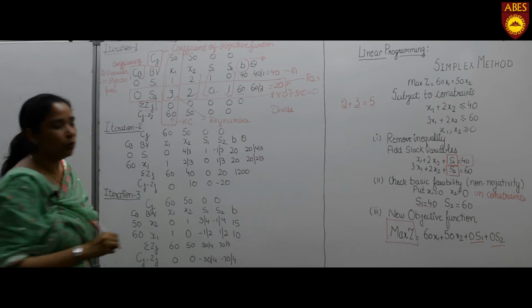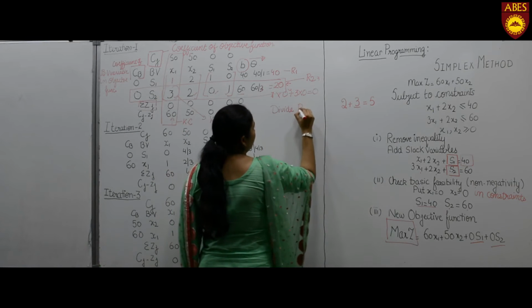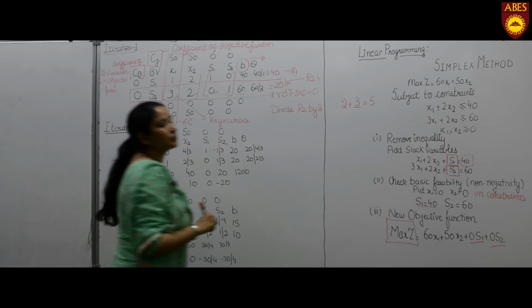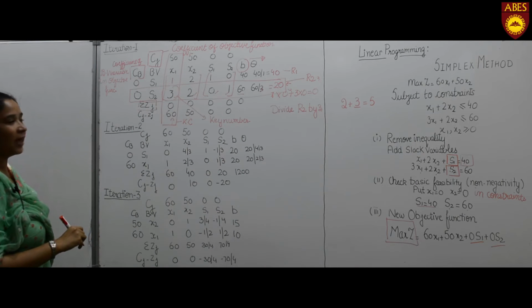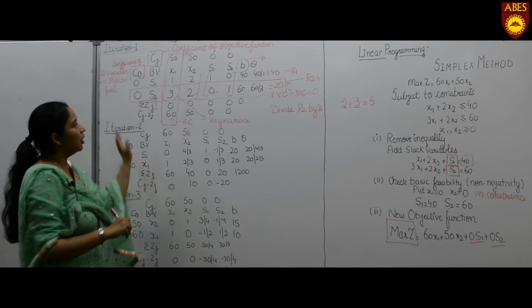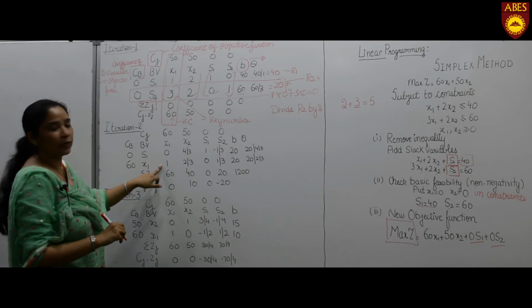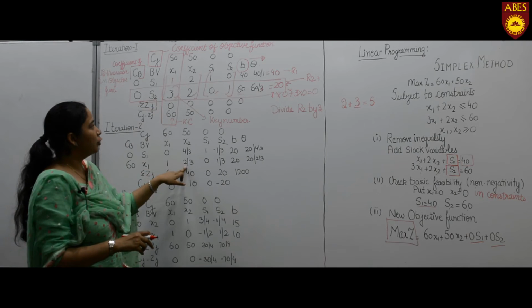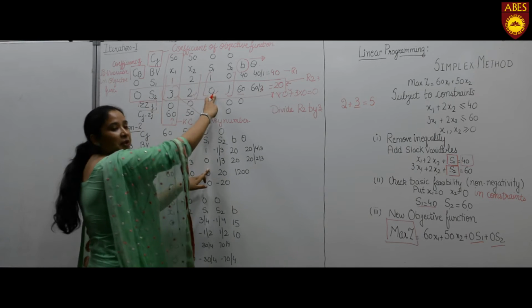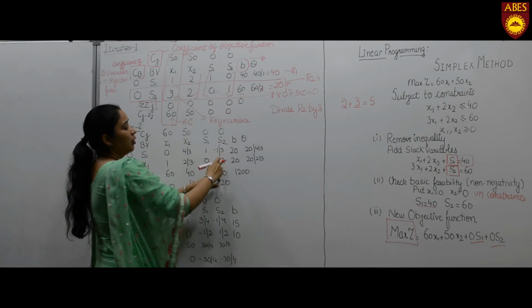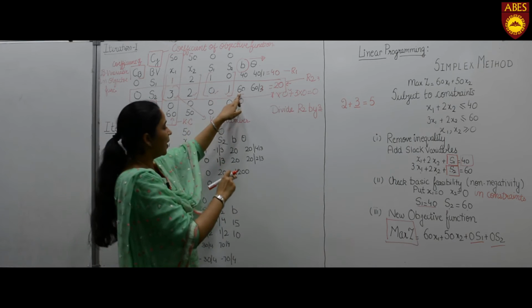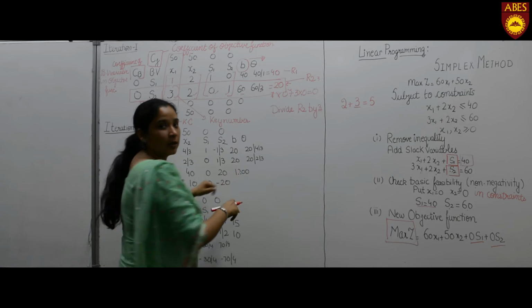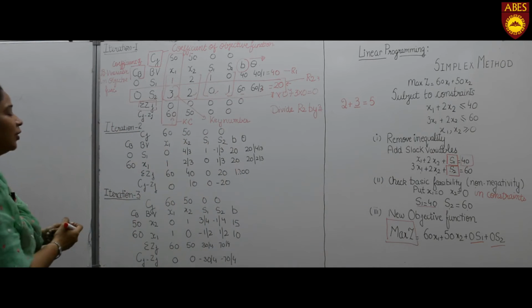Divide R2 by 3. In the next iteration, after division, 3 by 3 is 1, 2 by 3, 0 by 3 is 0, 1 by 3 we write over here, and 60 by 3 is 20.